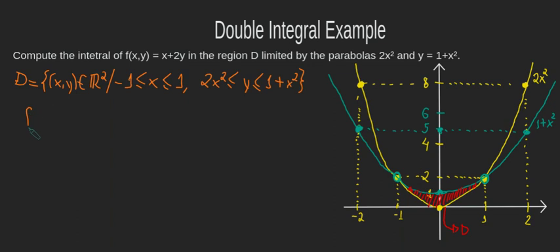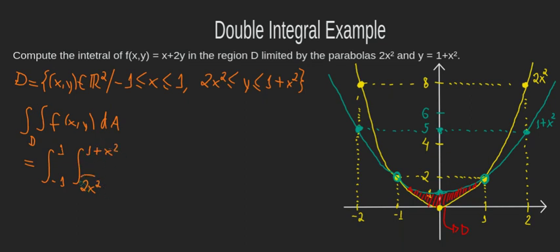The integral over that region of the function will be equal to the integral when x is from -1 to 1, and when y is from 2x squared to 1 plus x squared.